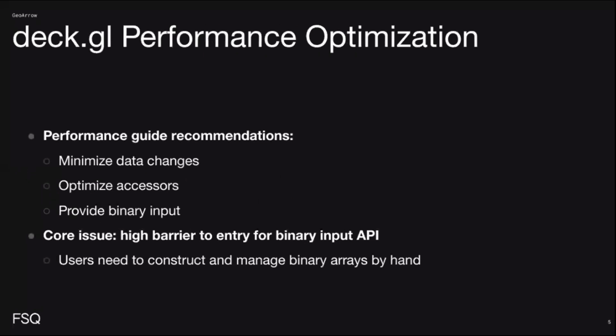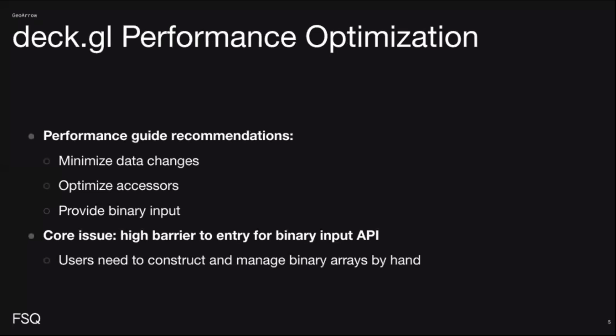So deck.gl has a great performance guide in the documentation that has recommendations for how to make the most out of deck.gl's performance. There's really three recommendations in that document. One is just to minimize how much data you're rendering and how often you need to render it.